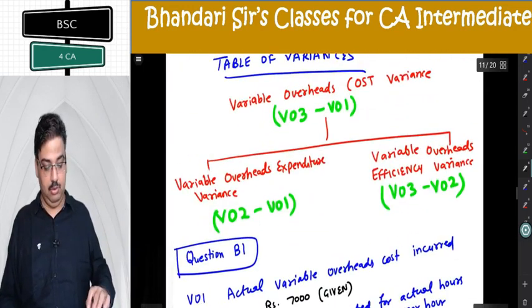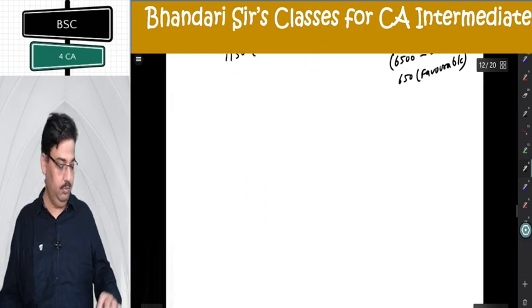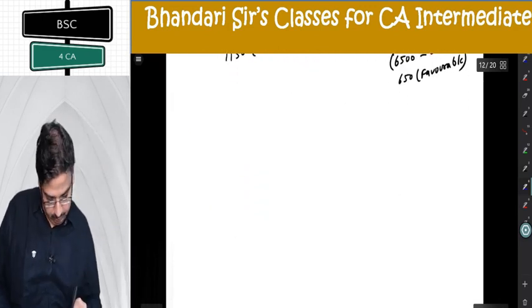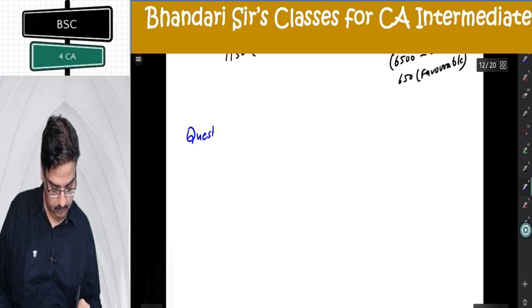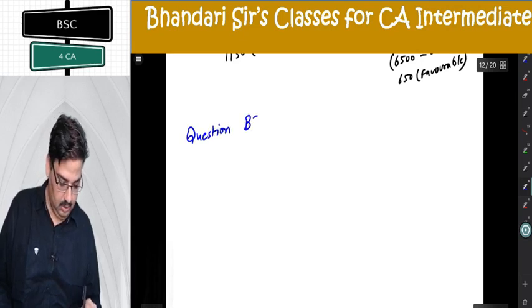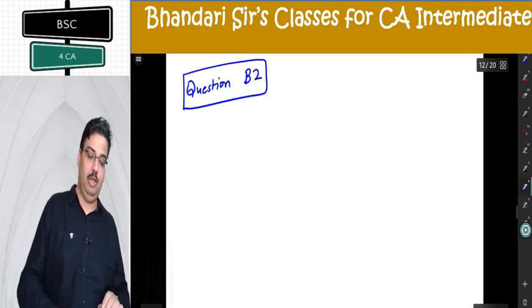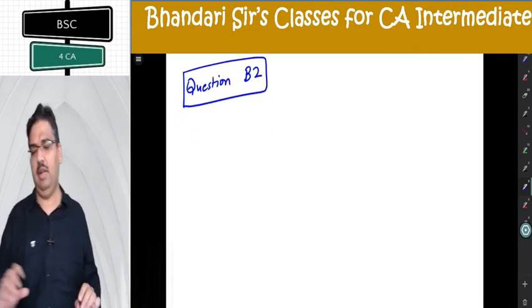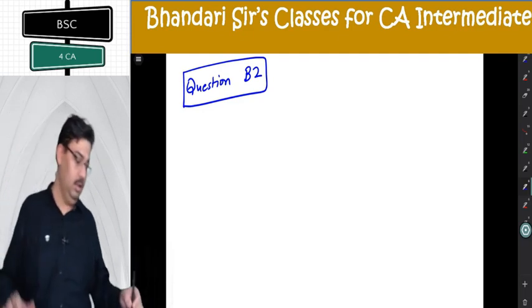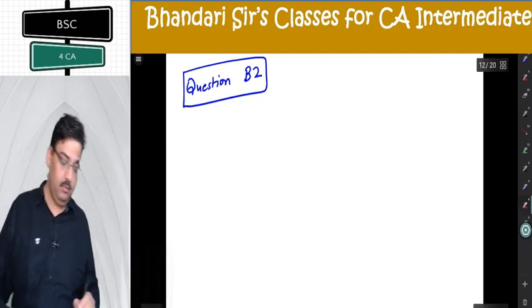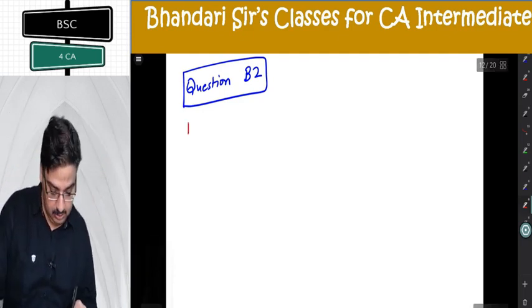The last question for the day, question B2. It is a small, easy, standard question on the fixed overheads category. Not difficult at all, a very simple question. Let's put all the headers and all the calculations.